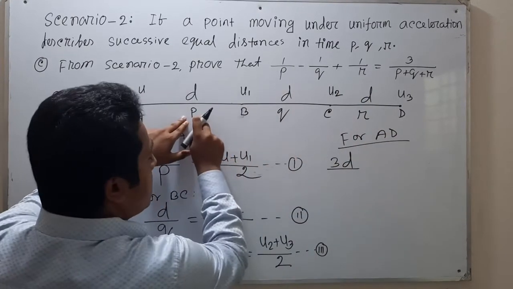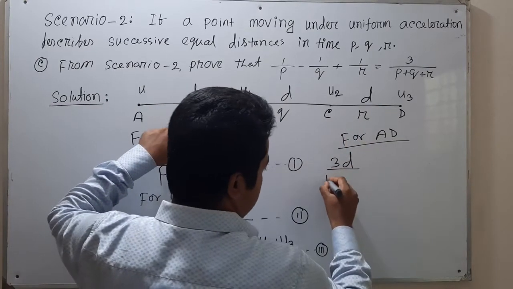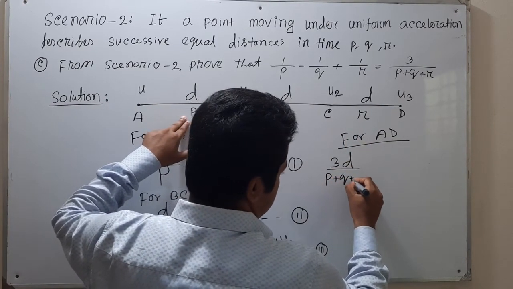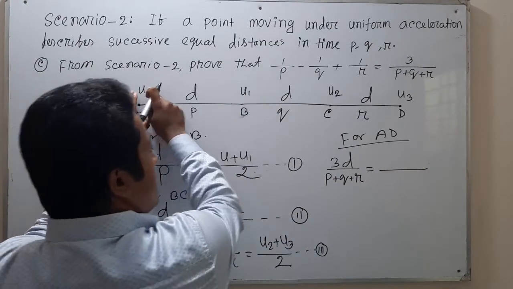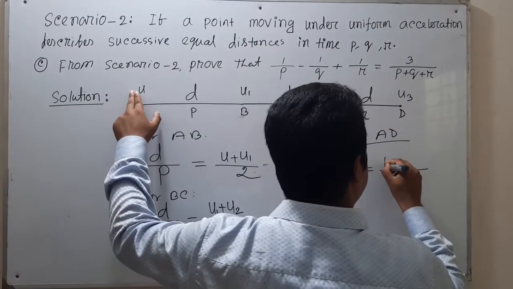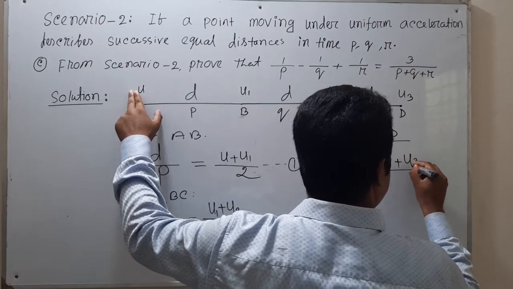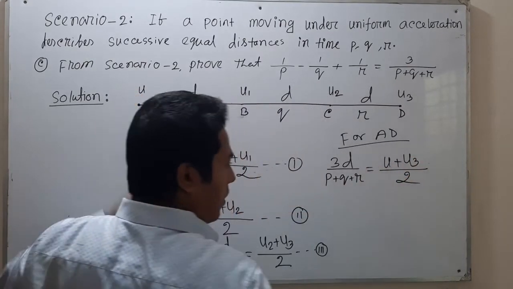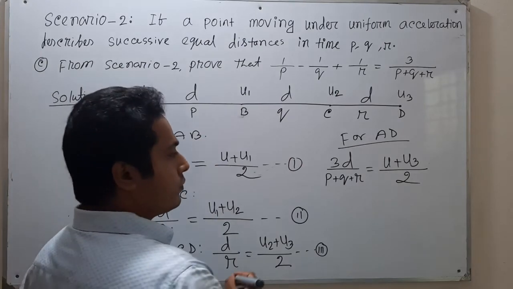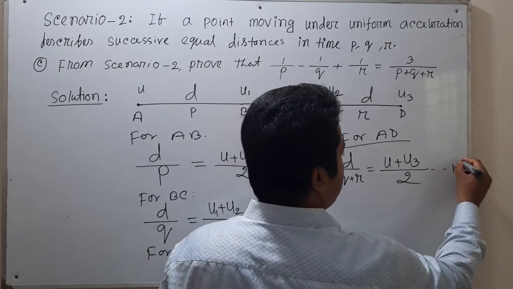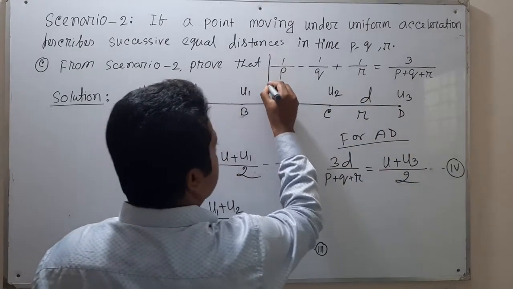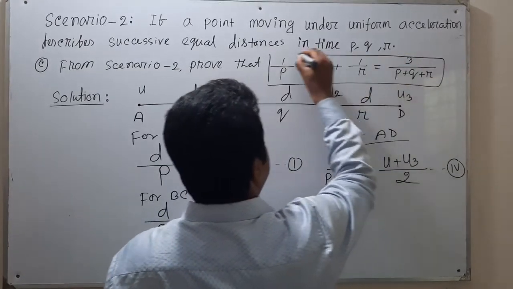Time is p plus q plus r, is equal to average velocity u plus u3 divided by 2. This is equation number 4. This is our condition for proof.